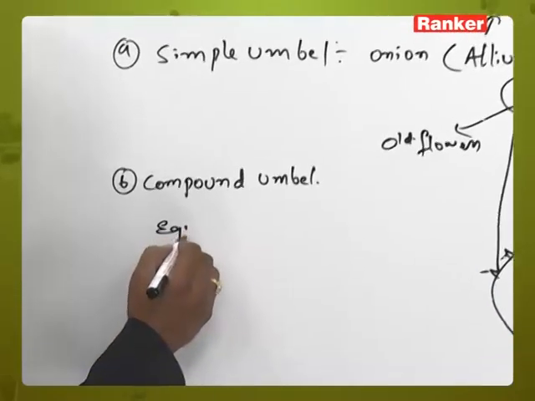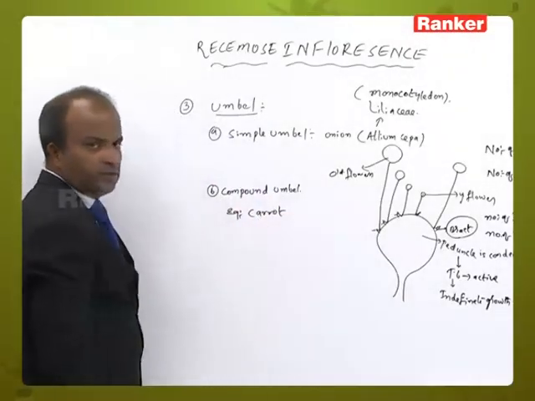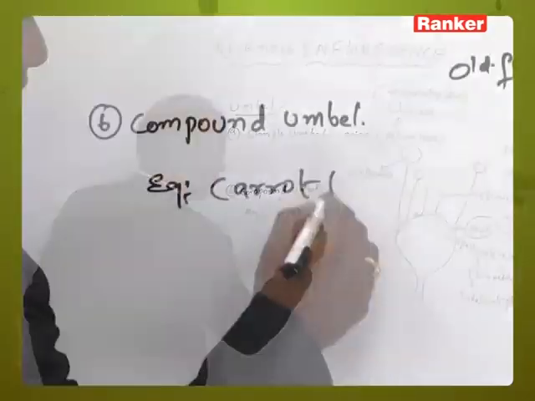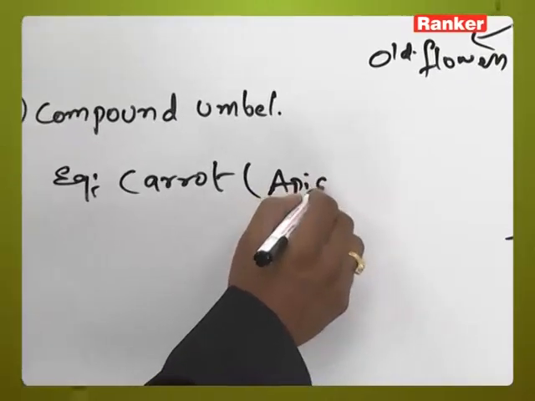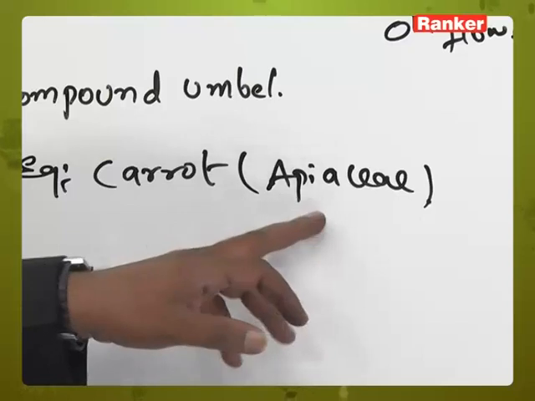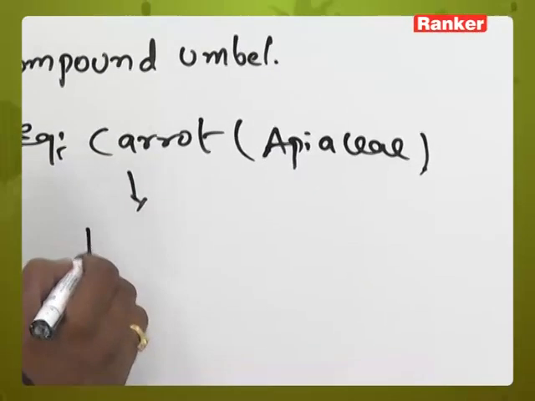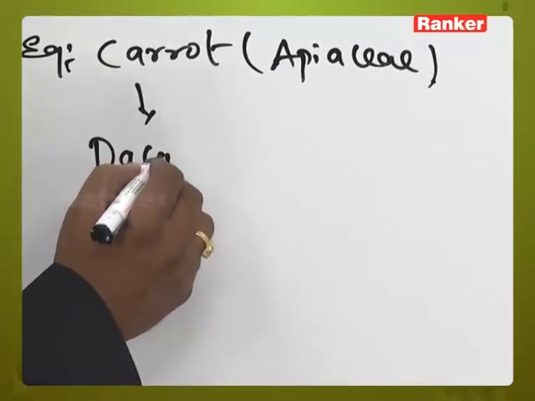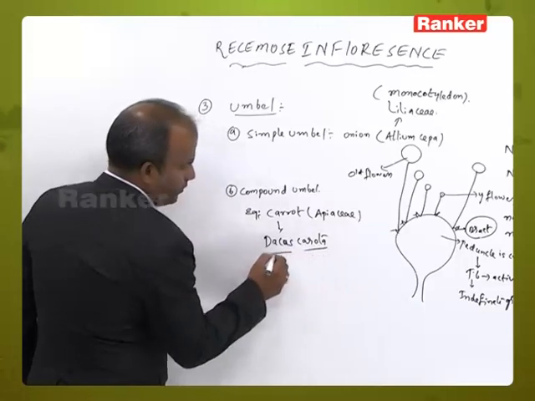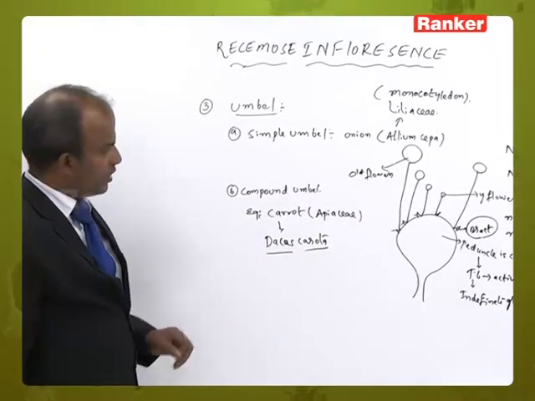Example for compound umbel, that is nothing but carrot. So here carrot belongs to which family? Apiaceae family. Scientific name of carrot is nothing but Daucus carota.